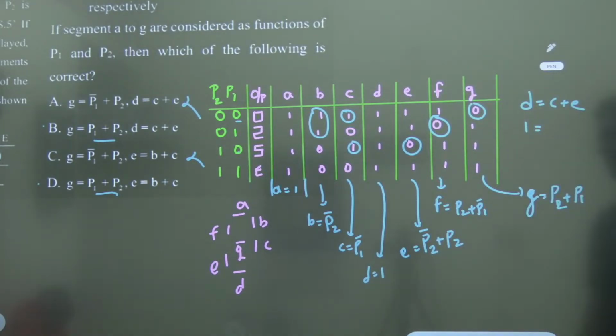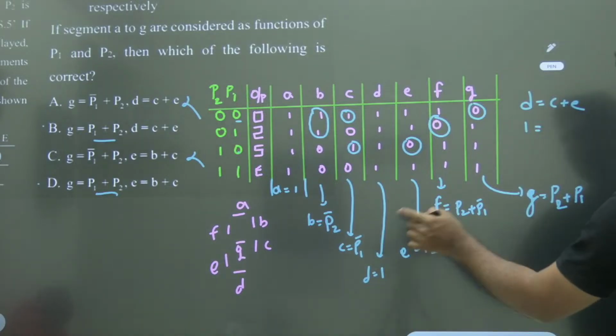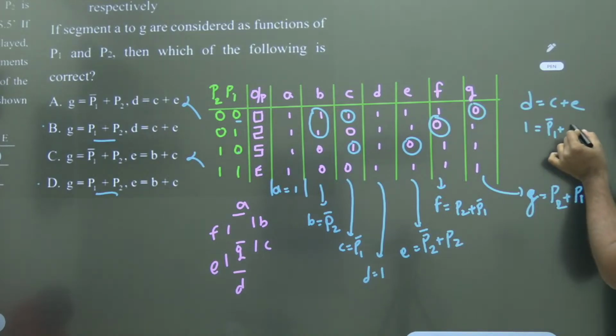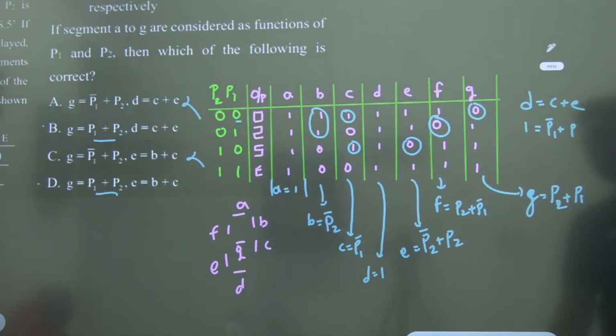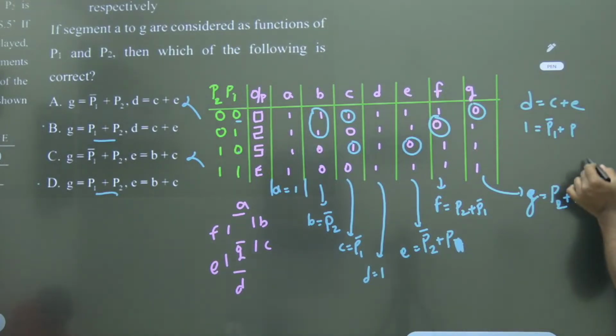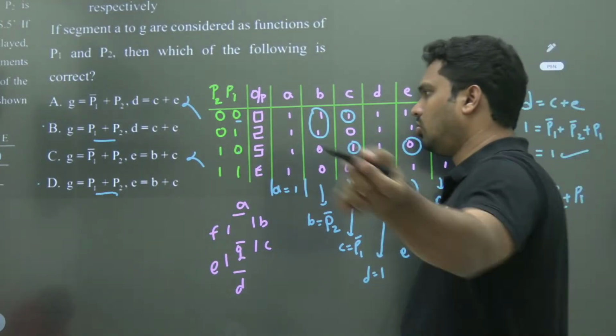C plus E: C is P1 bar, E equal to P2 bar plus P1. P1 bar plus P1 will give you 1. 1 plus anything is 1. This is correct. So this is the right answer.